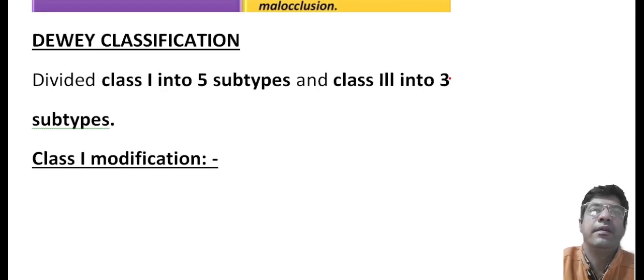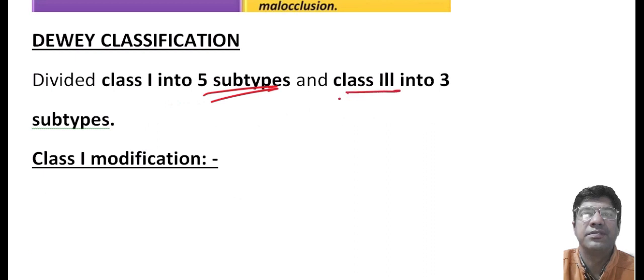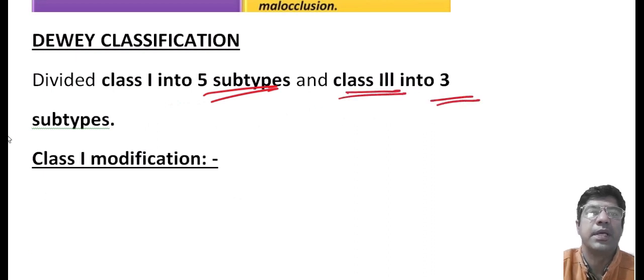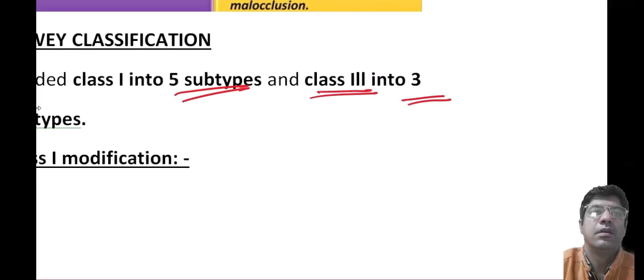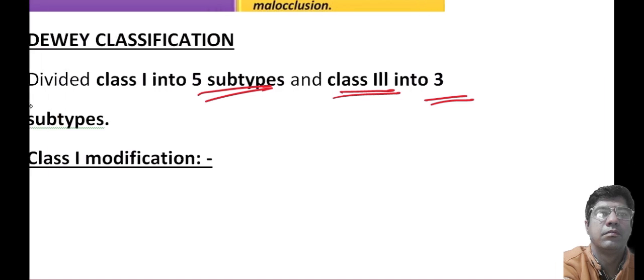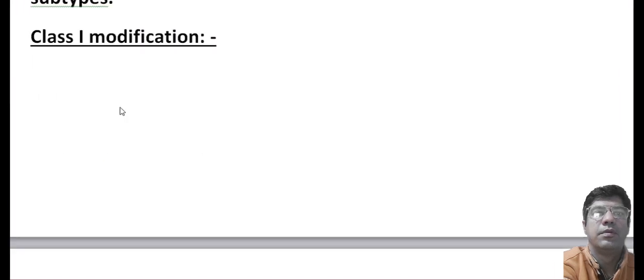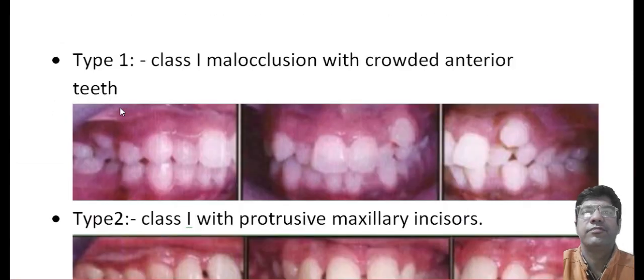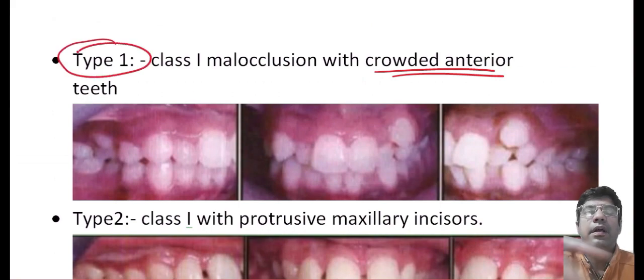Now Dewey classified Class 1 into five subtypes and Class 3 malocclusion into three subtypes. Class 1 malocclusion with crowded anterior teeth is Type 1 of the Dewey classification.